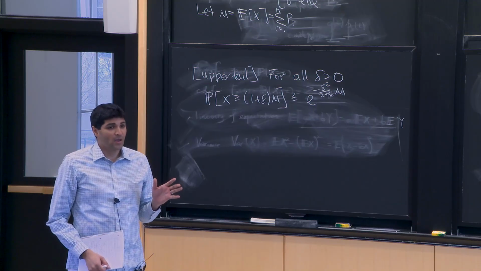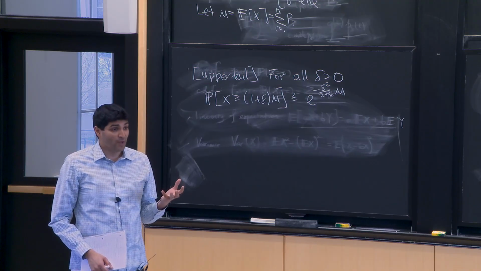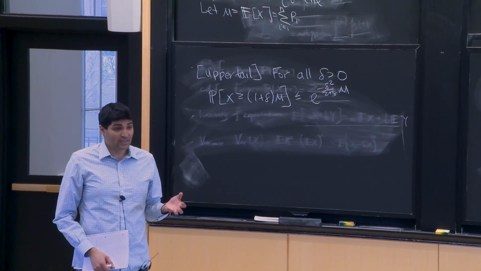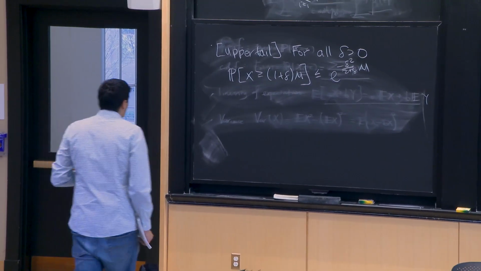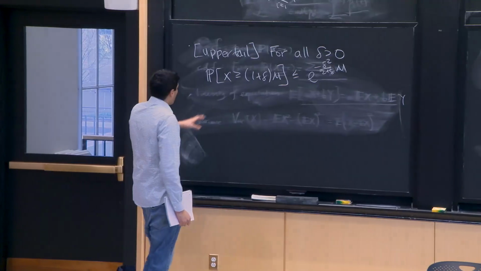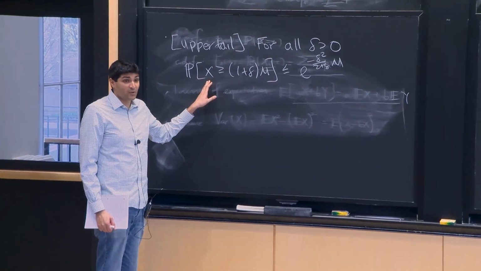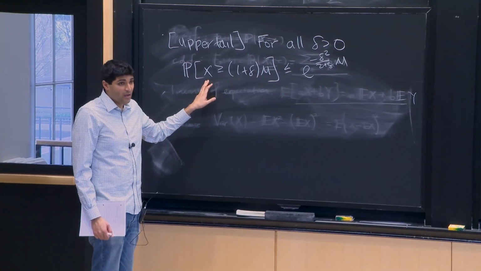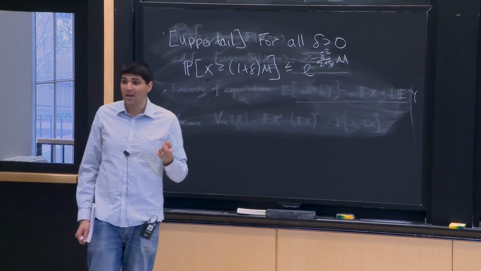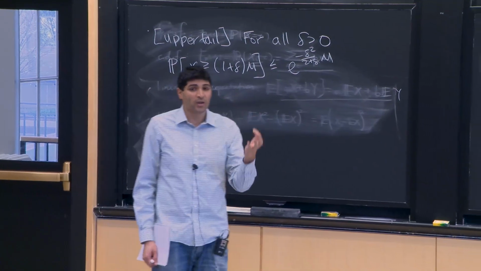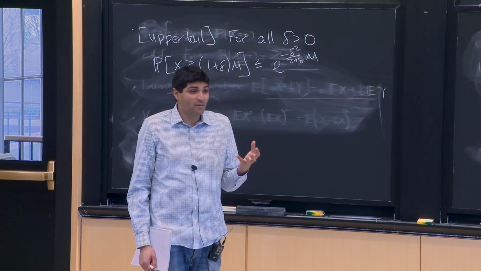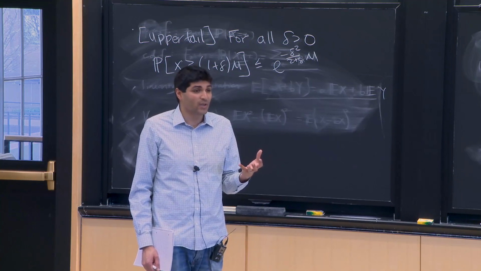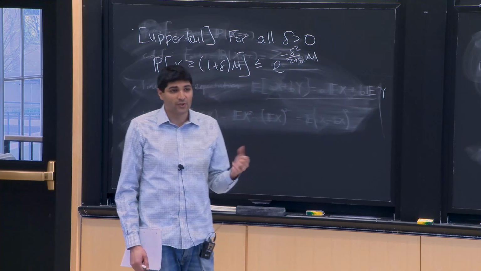So if I take a fair coin and I flip it, I know the probability that it's heads is 50%. And intuitively, if I flip my coin a whole bunch of times and keep track of how many heads I get, I should expect that the empirical average of the number of heads is very quickly going to 50-50, right? Maybe if I flip it 3 times, I'll get 2 heads out of 3, and that'll be far away from 50-50.